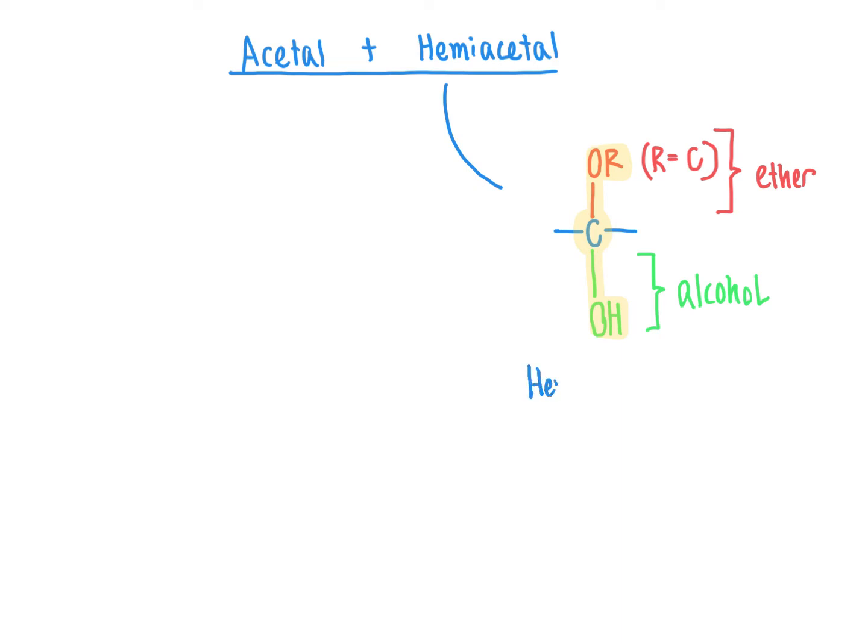So hemiacetal is the term that we would use to describe this functional group that we've highlighted in yellow as a whole. All of these components have to be there, and it is absolutely essential that the alcohol group be bonded to the same carbon atom, that blue carbon atom that I'm highlighting here, as the ether group. That is what defines a hemiacetal functional group.